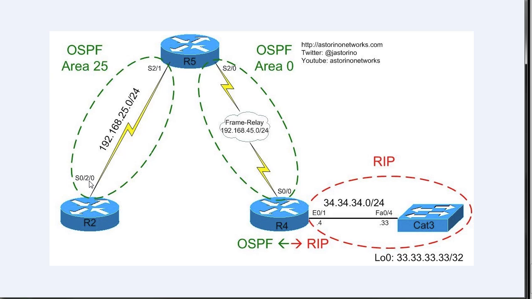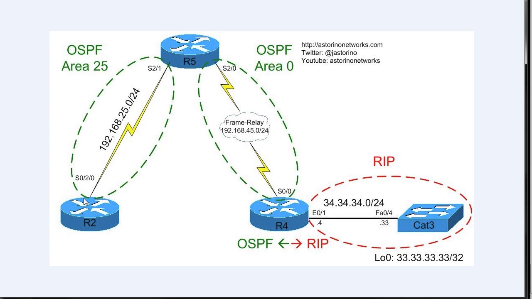The advertising router still hasn't changed when router 2 gets it. So it's still 4.4.4.4. Now because router 2 and router 4 are in different areas, router 2 is not going to know how to get to the RID 4.4.4.4 because it will not get the router LSA like it would if they were in the same area.